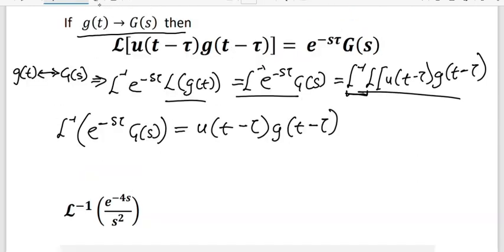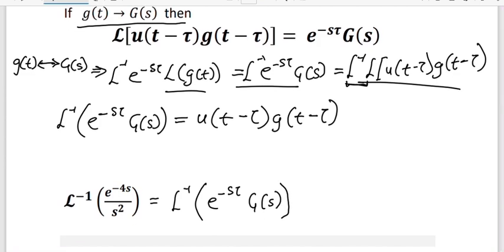For this example, before we apply the theorem, we want this to be in this form: exponential negative s tau G(s). So this simply implies that our tau here, by comparing these two terms, is just 4, and our G(s) is 1 over s squared.